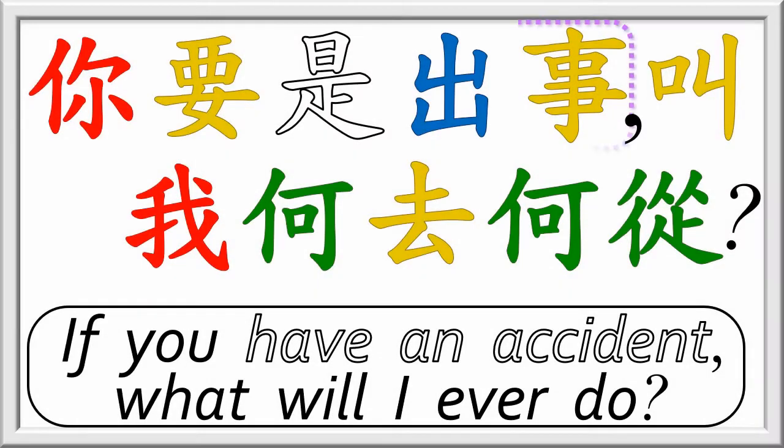This next example is a person totally dependent on another, worrying about the future. 你要是出事, 叫我何去何从? If something happens to you, what will I ever do? 叫 in this sentence is a causative usage. Literally, an accident would make me not know which way to turn.